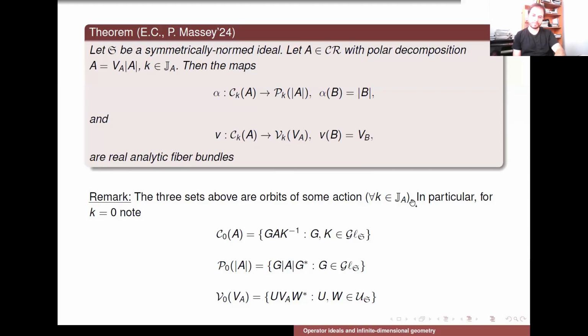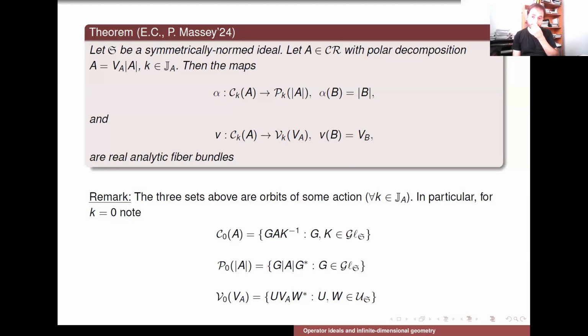In particular, we know that for the case of k equal to 0, C0 of A is the orbit of the operator A, the following orbit, and similarly P0 of the modulus and V0 of V of A. So I would like to give some ideas of the proof.